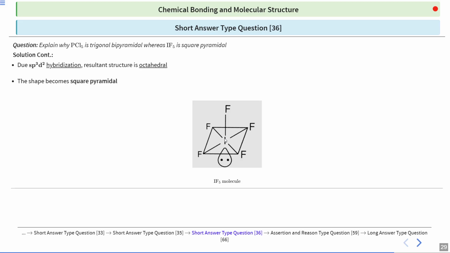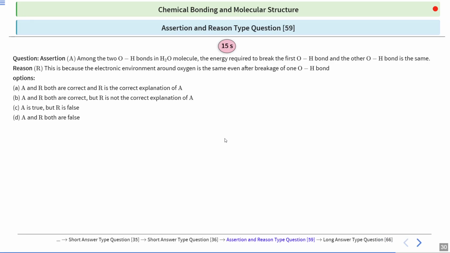Now moving on further. Here is an assertion reason type question. The question says that if you are considering the 2 OH bonds in the H2O molecule, then the energy required to break the first OH bond is equal to the energy required to break the second OH bond. So this is the assertion.